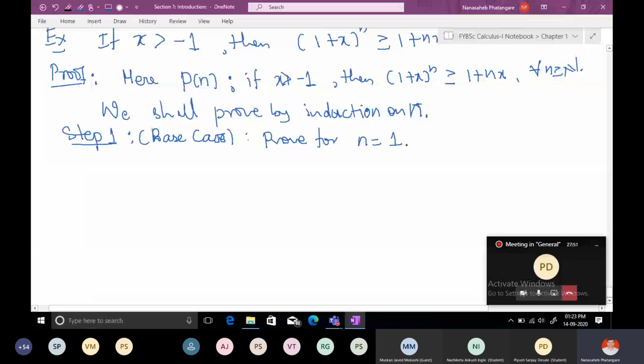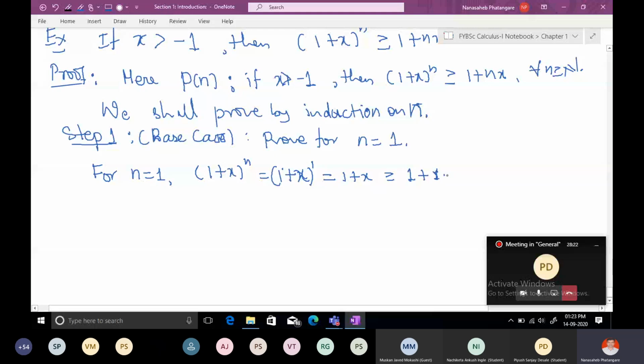So for n is equal to 1, what is 1 plus x raised to n? 1 plus x raised to n is 1 plus x raised to 1, that means it is 1 plus x, and it is the same as, I can say that it is greater than or equal to 1 plus 1 times x, because 1 times x is x.